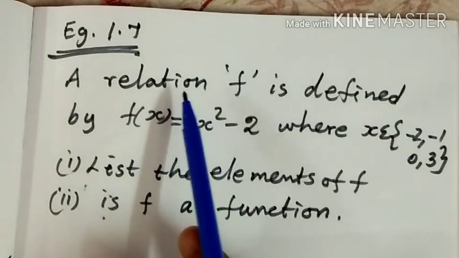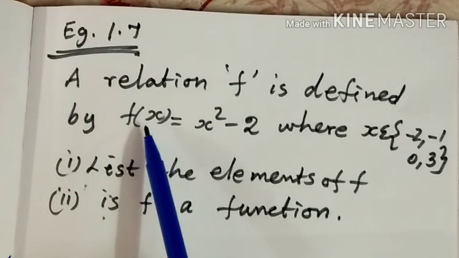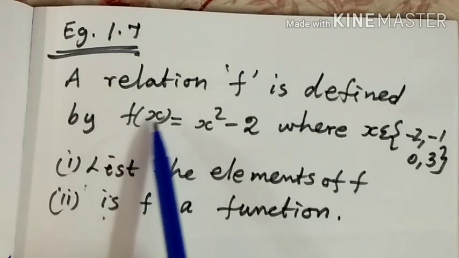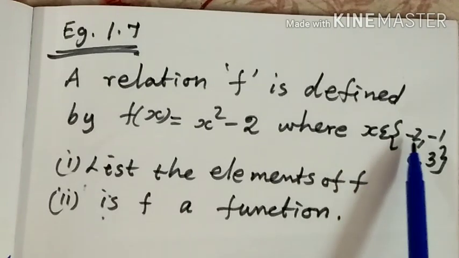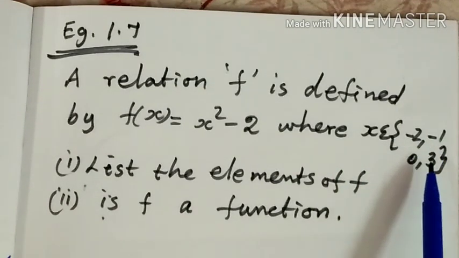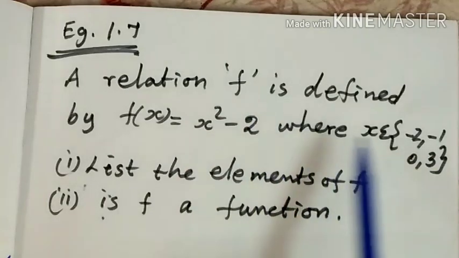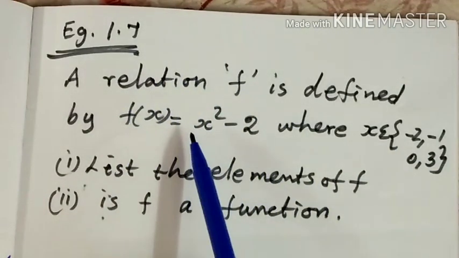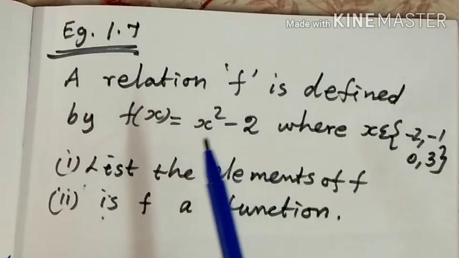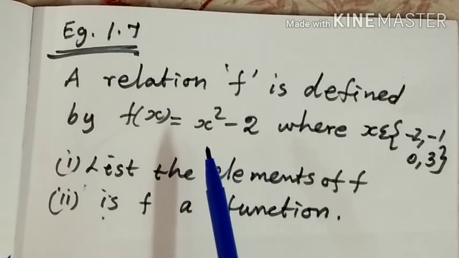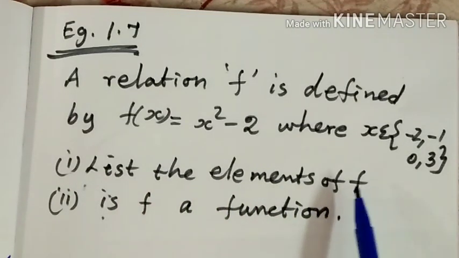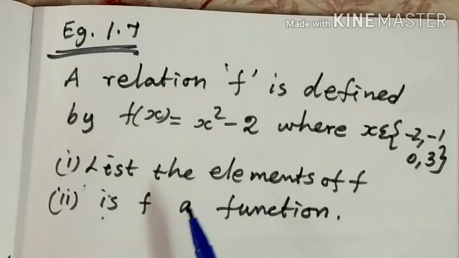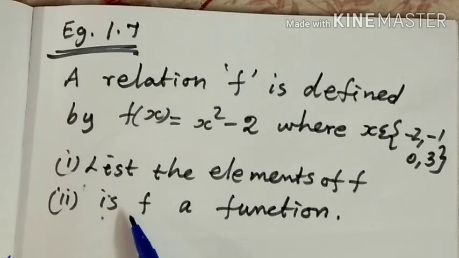See, in this question, the condition is f(x) equal to x square minus 2 and x belongs to {-2, -1, 0, 3}. Using this condition, first you find out the relation ordered pairs.